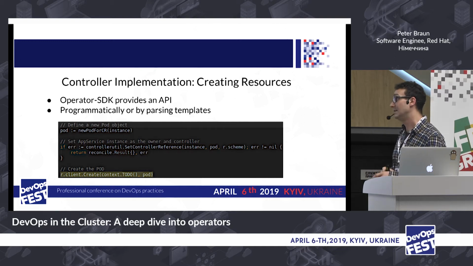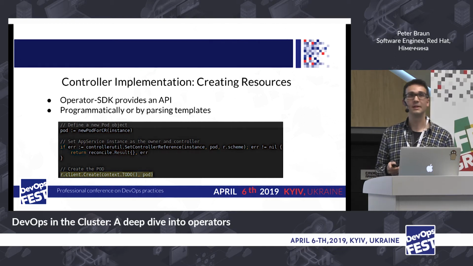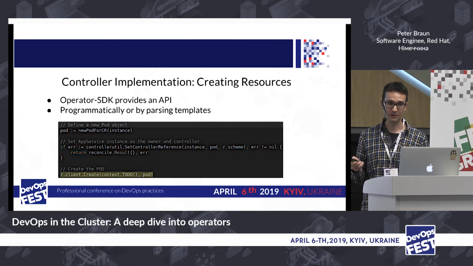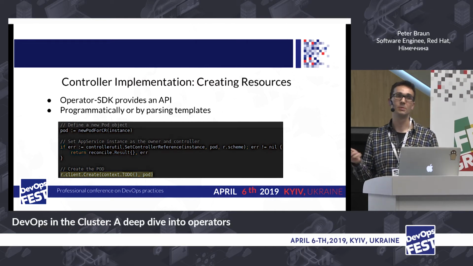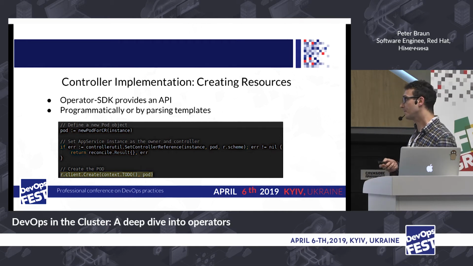There's also an unsafe way. You could just parse a YAML template in your controller and store it in an unstructured type, and then hand it over to the Kubernetes API and see if it worked. Yeah, those two ways are possible.